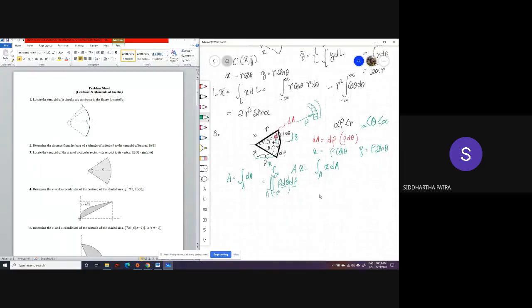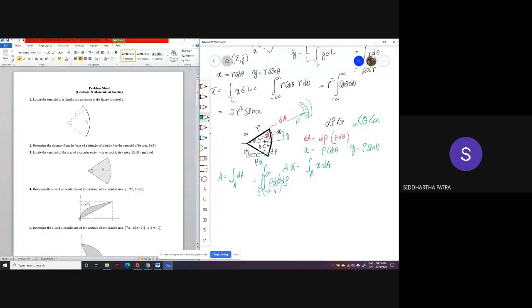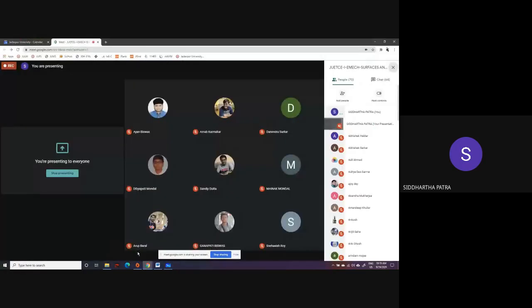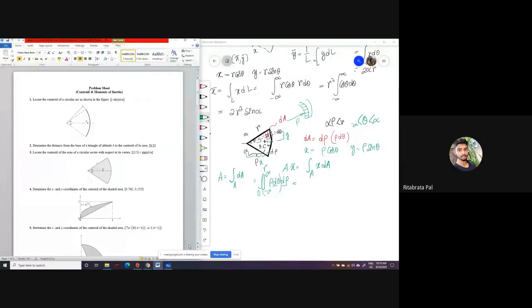So can you solve this expression for A? Can one of you tell me the final expression for this one? R squared alpha. Yes, R squared alpha.